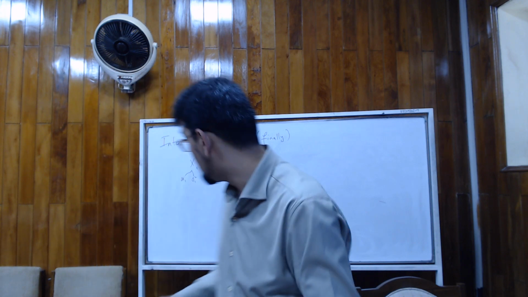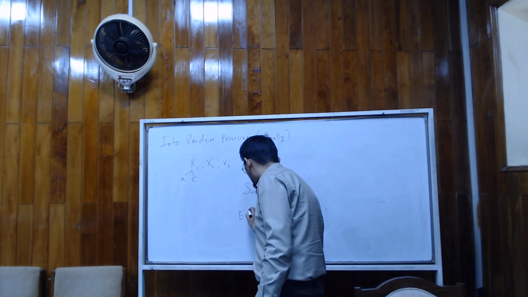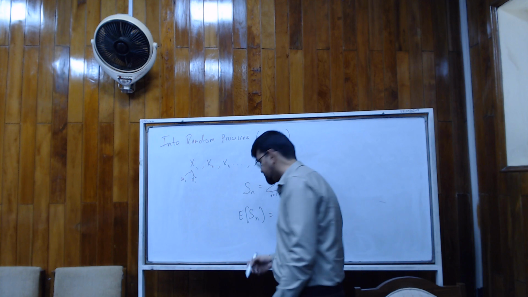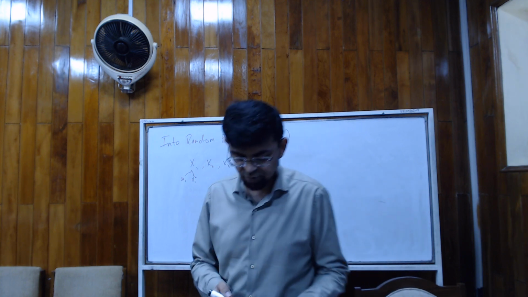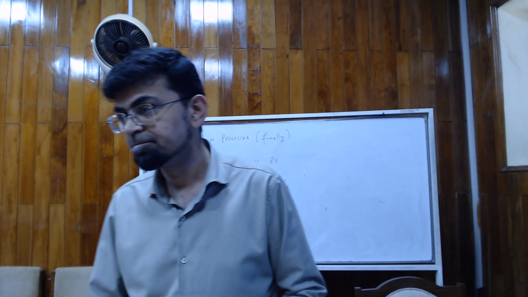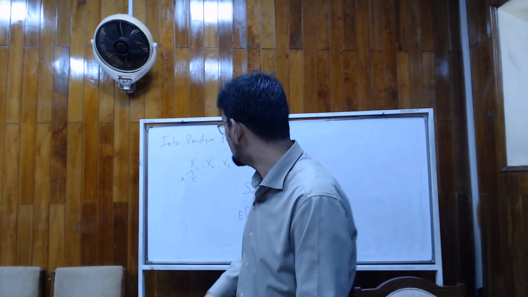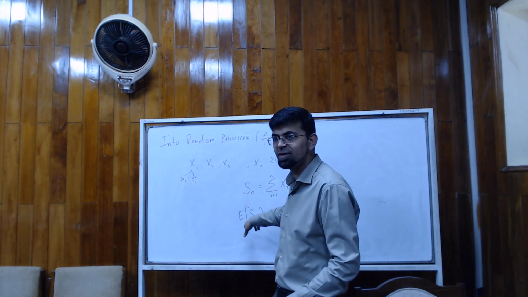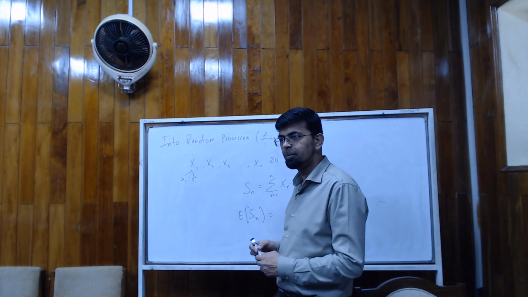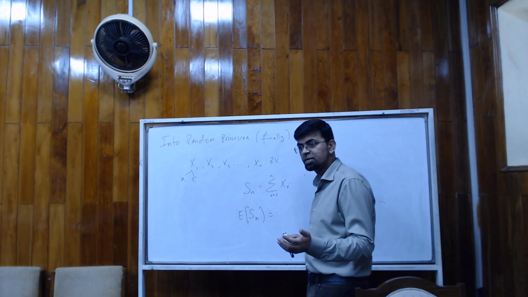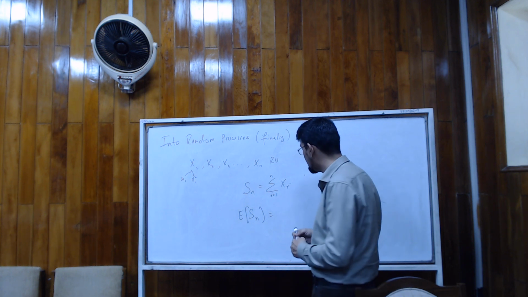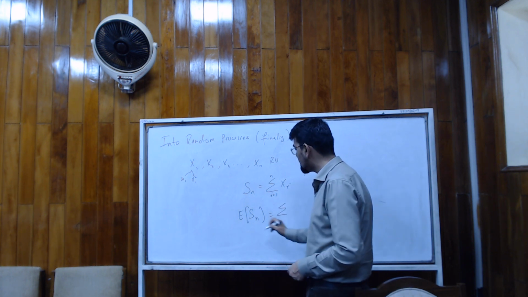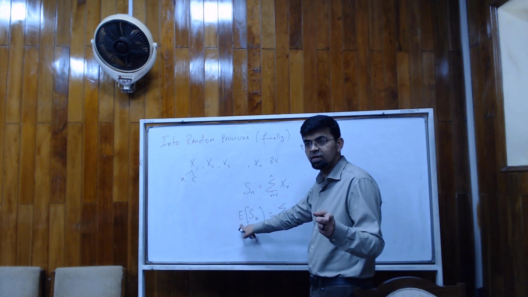So what we're looking for is E of Sn. What's your thought? You already know their means. So what's the mean of this? Summation E of Xi. Remember, expectation is a linear operator.